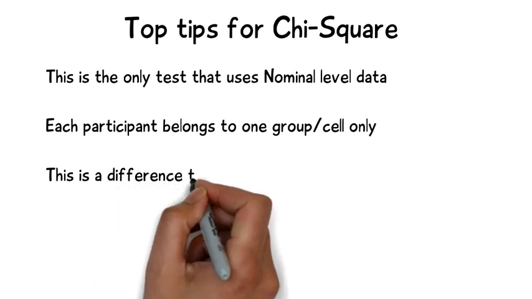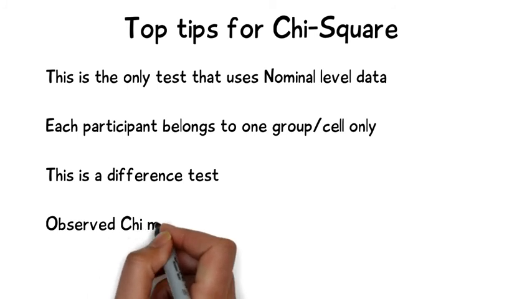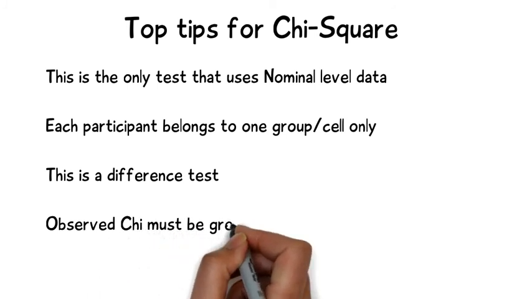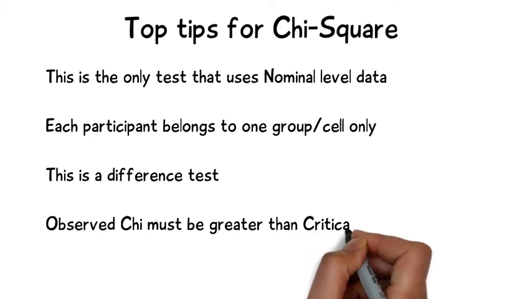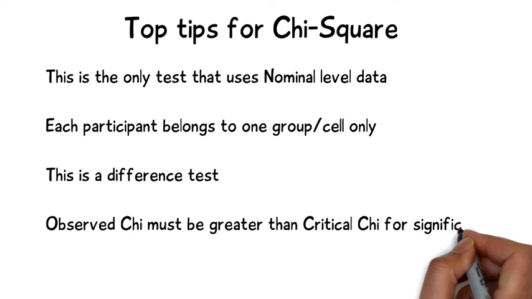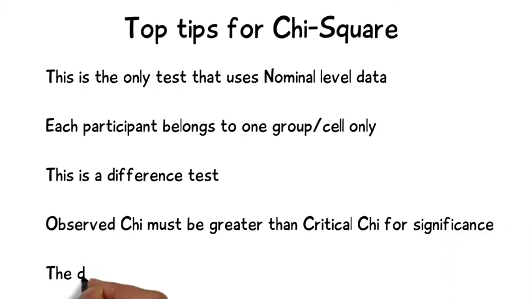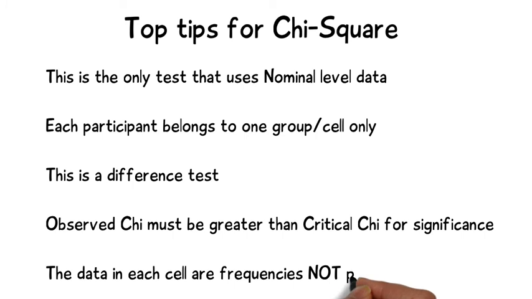It's a difference test. The observed value of chi must be greater than the critical value of chi to get significance. And one thing that people forget, the data in each cell are frequencies, they are not percentages.